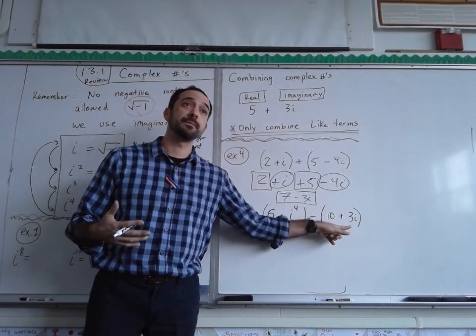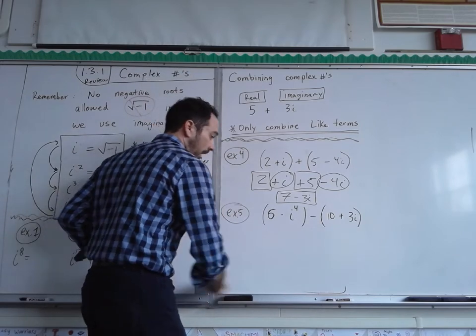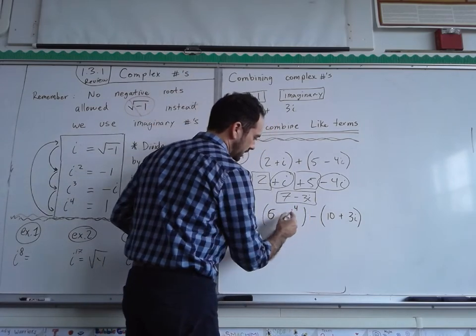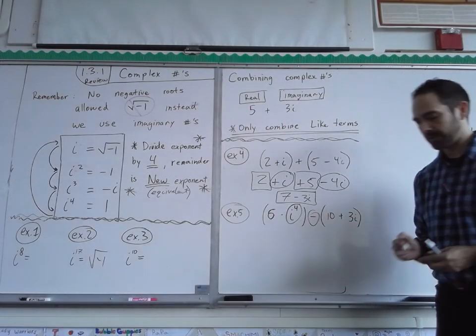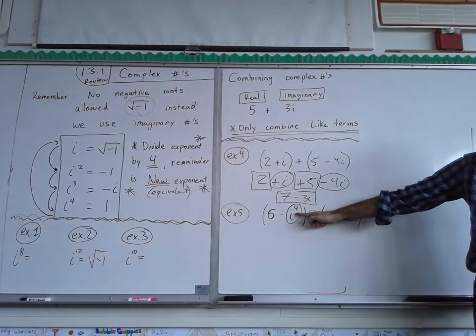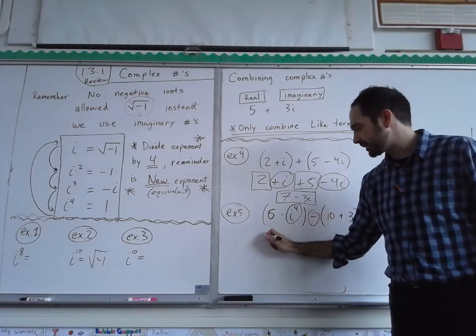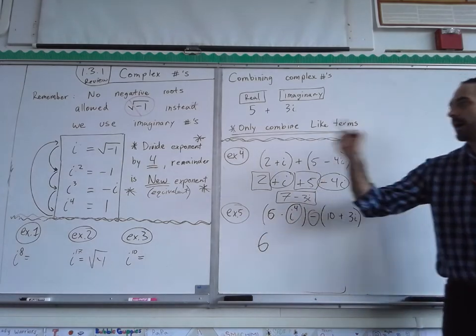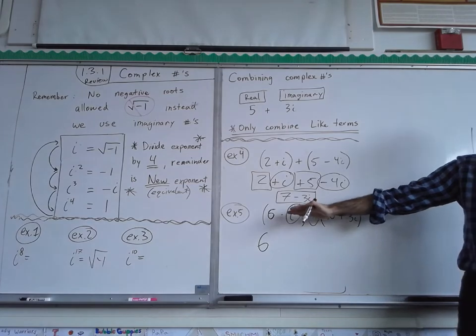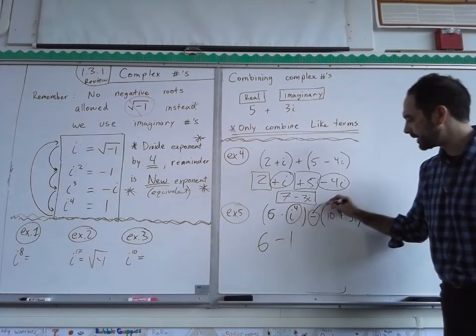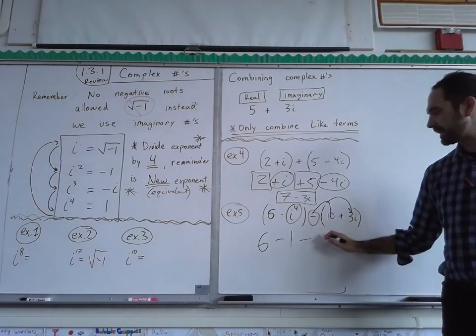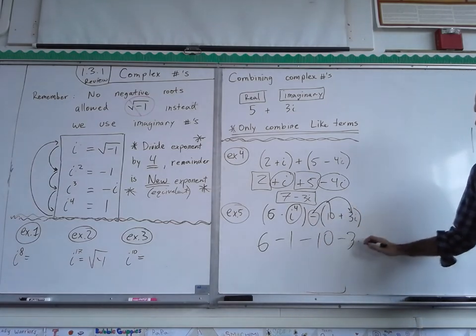So what we need to deal with is here. And we got to distribute that. So I say let's deal with this part first. It's a definition. It's one of our defining i values. So i to the 4th is 1, minus 1. I'm going to distribute this one. So we get -10. And we get -3i.